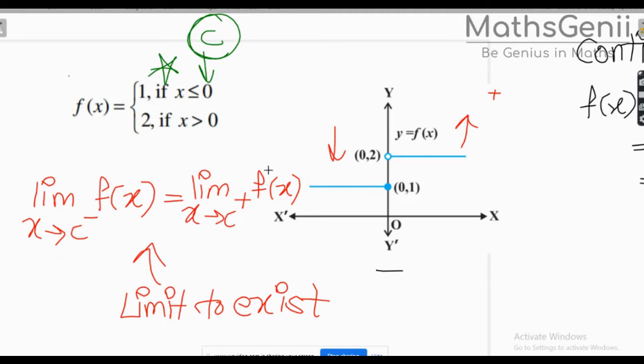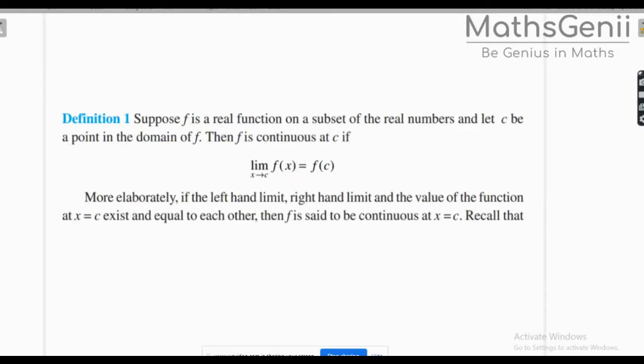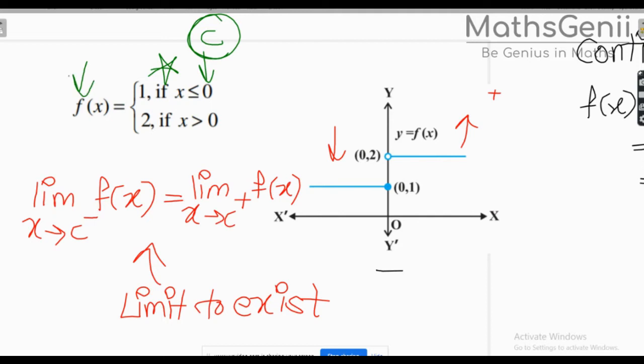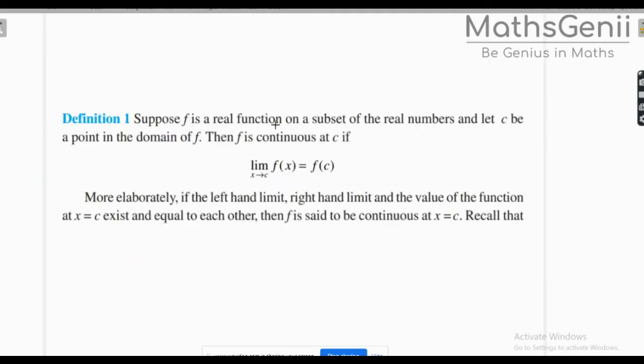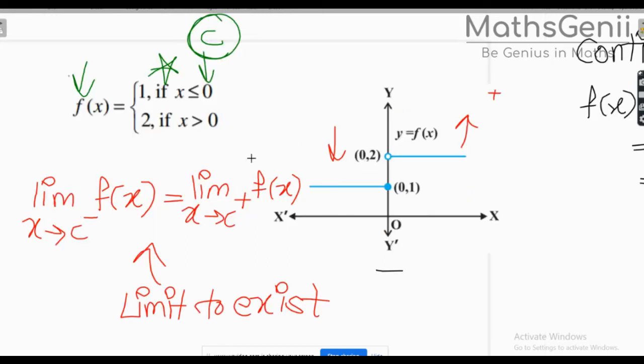Okay. Now let's look at the official definition of continuity. Suppose f is a real valued function. For example, in this case, f of x was the real valued function. Okay. On a subset of real numbers, of course, and let C be a point in the domain. So 0 was a point in the domain of this function.